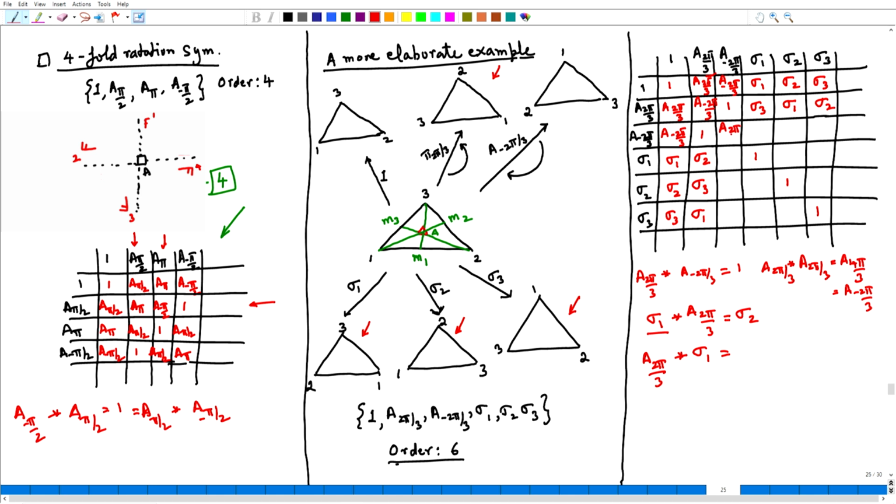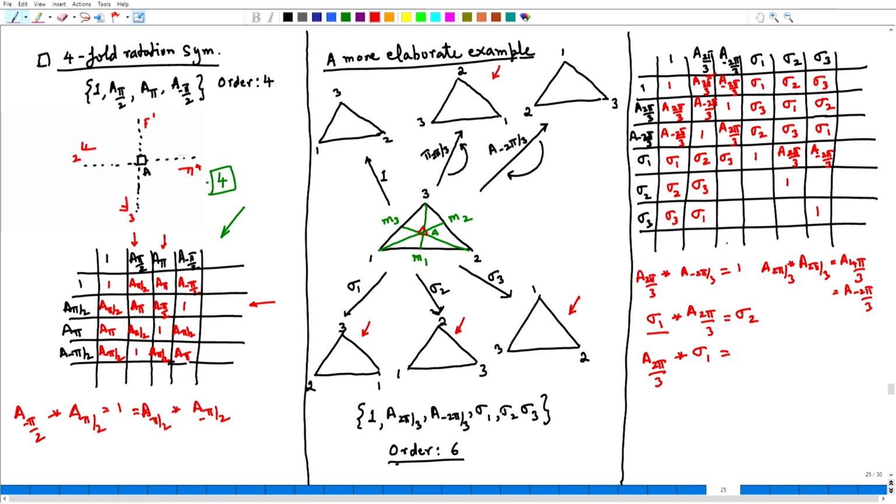A 2 pi by 3, sigma 2, sigma 3, sigma 1. Then I have out here, this is sigma 3, 1, A 2 pi by 3, A minus 2 pi by 3, and now the rest keeps becoming easier after that.